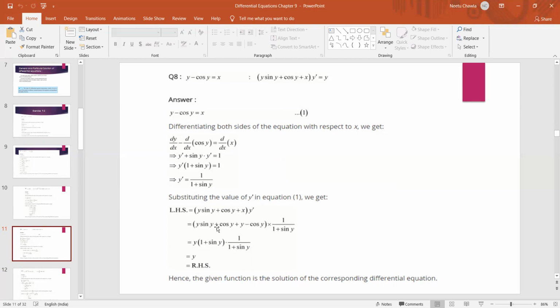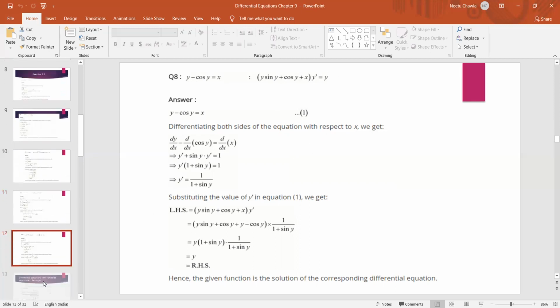We are having y sin y plus y. Taking y common, I am getting 1 plus sin y. And in the denominator also it is 1 plus sin y, which will be cancelled, and the answer becomes y. So this is our RHS, equal to y. Hence we can say that y minus cos y equals x is the solution of the corresponding differential equation.